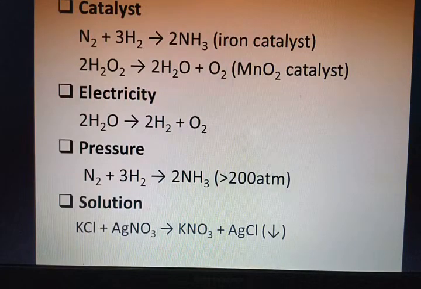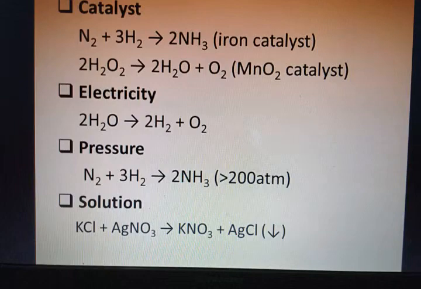So the conditions need to be changed, and very harsh conditions have to be used, with pressure greater than 200 atmospheres. Such high pressure facilitates the combination and reaction of nitrogen and hydrogen together to form ammonia gas. Haber's process is the industrial production of ammonia gas.